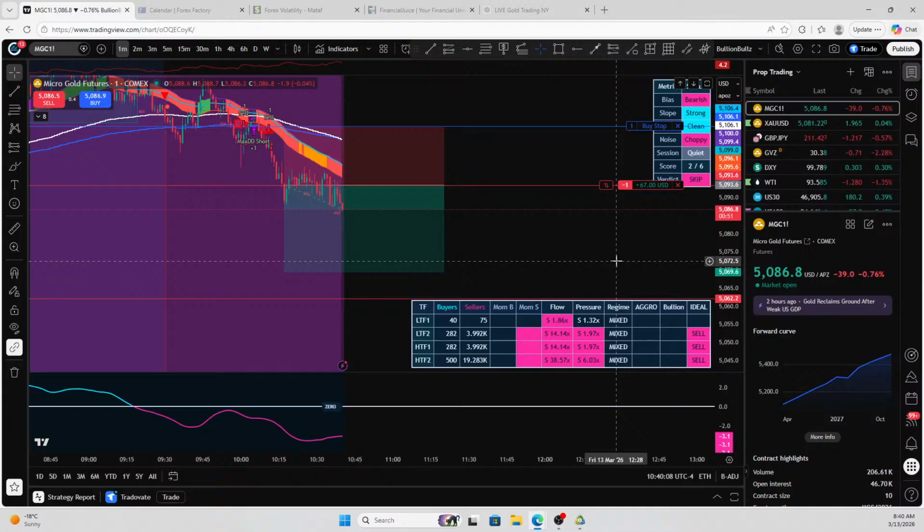Okay, we're seeing high volume candles start to form.